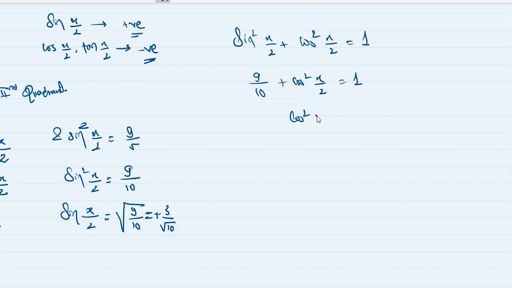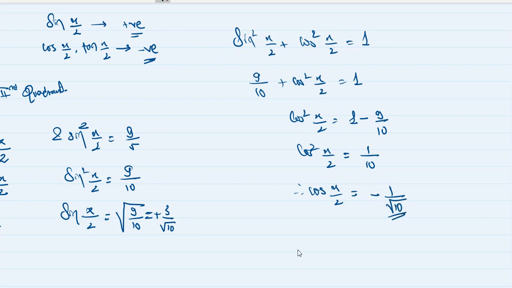So cos square x by 2 is equal to 1 minus 9 by 10, that is 1 by 10. Therefore cos x by 2, if I take the root, will be negative because x by 2 is in the second quadrant. In the second quadrant, cos is negative. Minus of 1 by root 10.